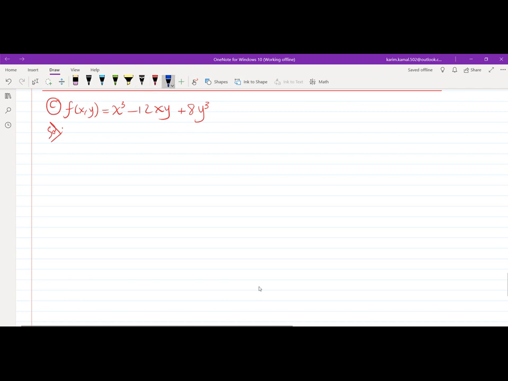We will get fx, which will be 3x squared minus 12y, and fy, which will be negative 12x plus 24y, then fxx, which will be 6x, and fyy, which will be 24, and then fxy will be negative 12. Second step is to put fx equals 0.